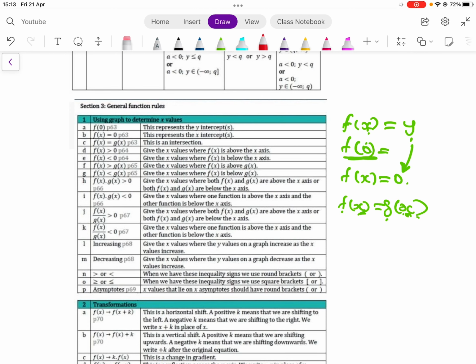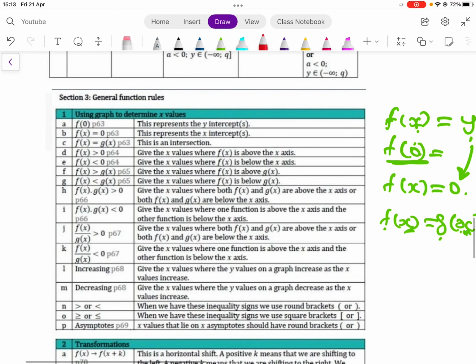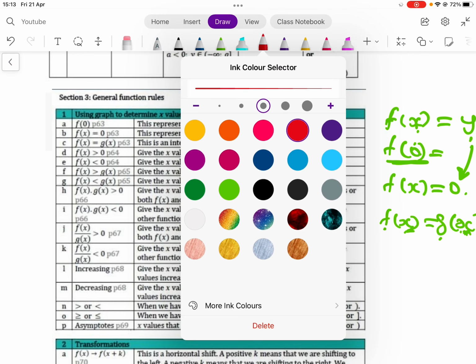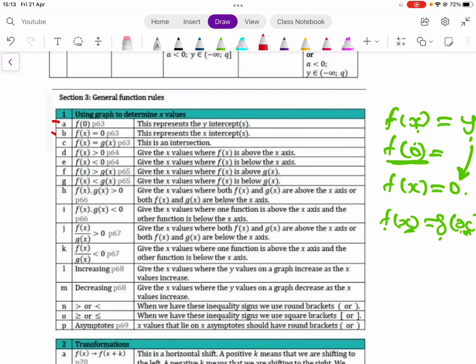And when they say f at x is greater than 0, what they mean by that is that f at x is above the x-axis. Or sometimes they will say give us the value of x where f at x is greater than 0.